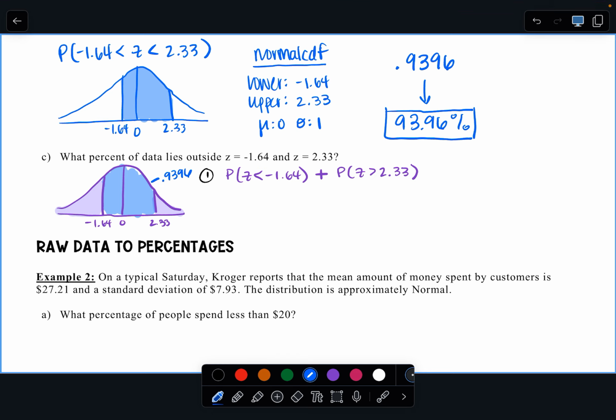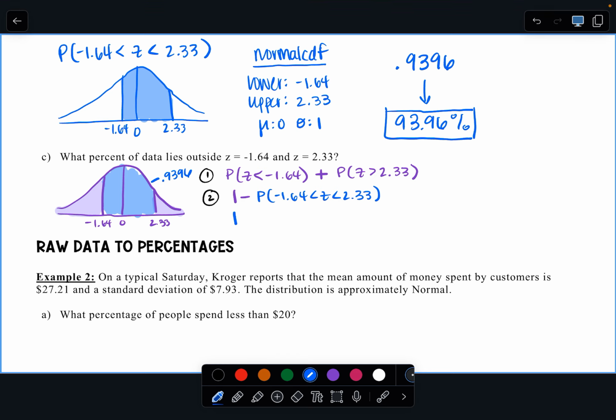So option number 2: I know this whole normal distribution is 100%, a total of 1. So I can do 1 minus the probability that negative 1.64 is less than z less than 2.33, and use that to find the outside area.